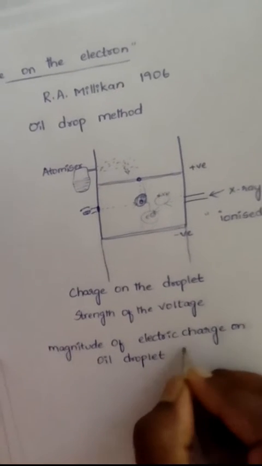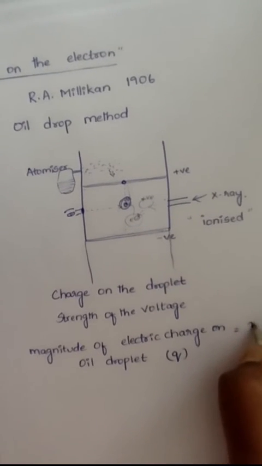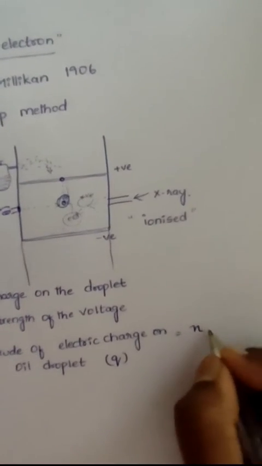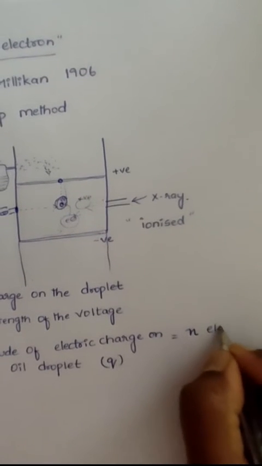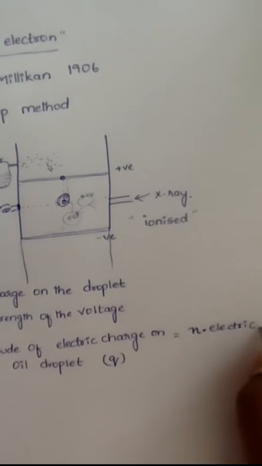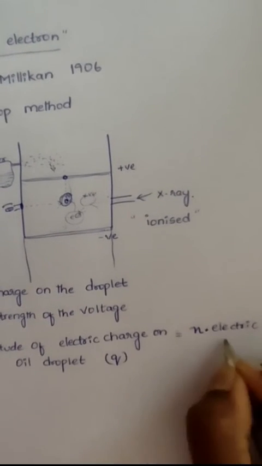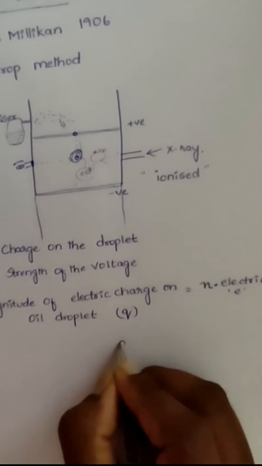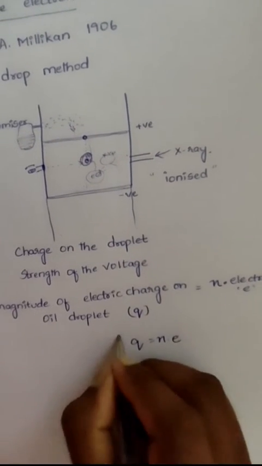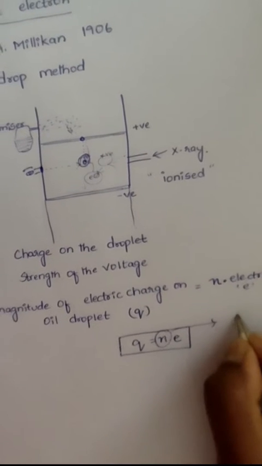is an integral multiple of, let it be Q, it is an integral multiple of electric charge E. That is Q equal to N E. Here N is a whole number.